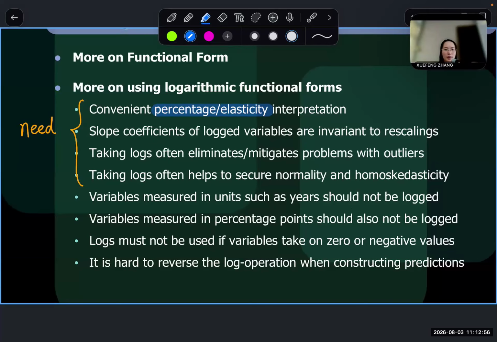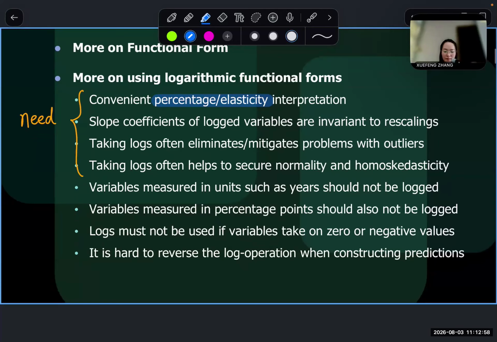Next one, invariant to rescaling. What does it mean? It means that suppose we have wage, whether wage is measured in dollars or thousands of dollars, the log wage coefficient doesn't change. So it's convenient. Units stop mattering.